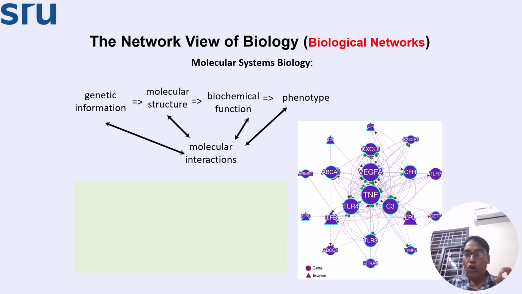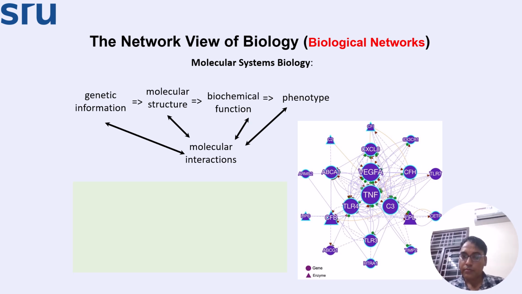All these make sense only when the complete network works the way the cell wants. Anywhere a problem is there, the cell cannot function, and that will be fatal for the cell. The cell will die.